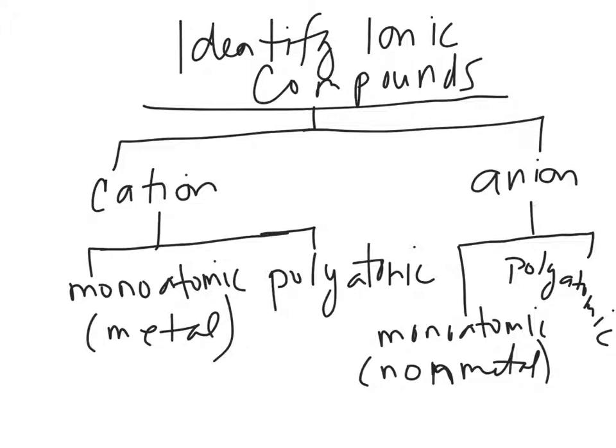So let's look at a bunch of examples. Show that the cation and anion charges always cancel each other out.